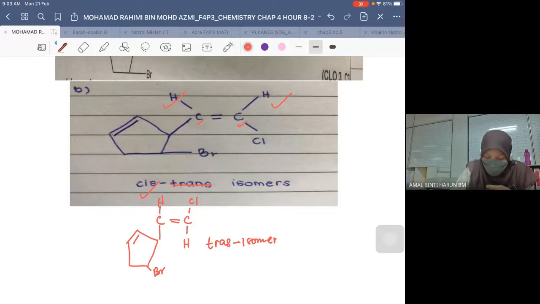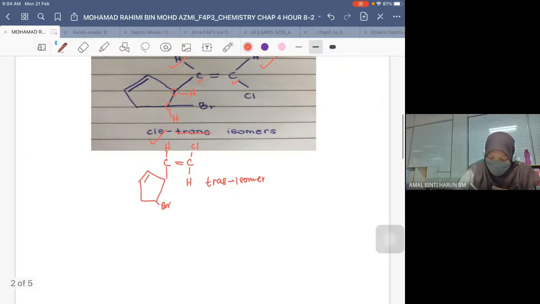Okay. The other one you boleh buat, this one also will be the carbon restricted rotation. So the carbon restricted rotation can identify the two different groups. The fourth bond is hydrogen, while the second carbon restricted rotation is Br and hydrogen. So kita boleh buat satu lagi lah.